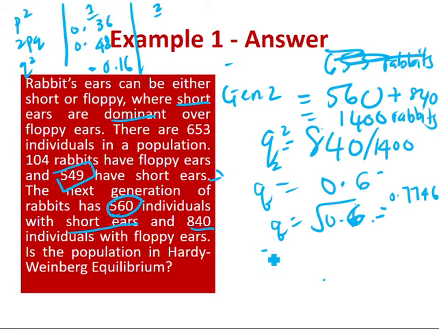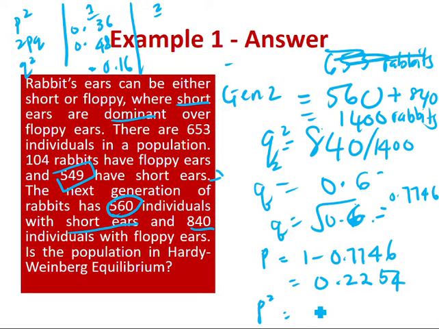So p is 1 minus 0.7746, which is 0.2254. Now, what is p squared? It's 0.051.